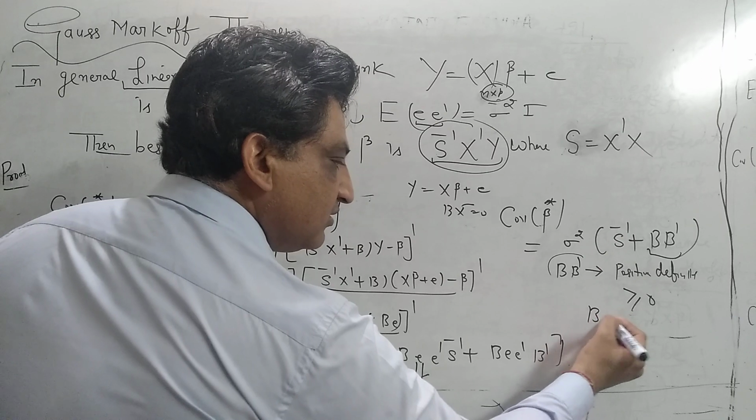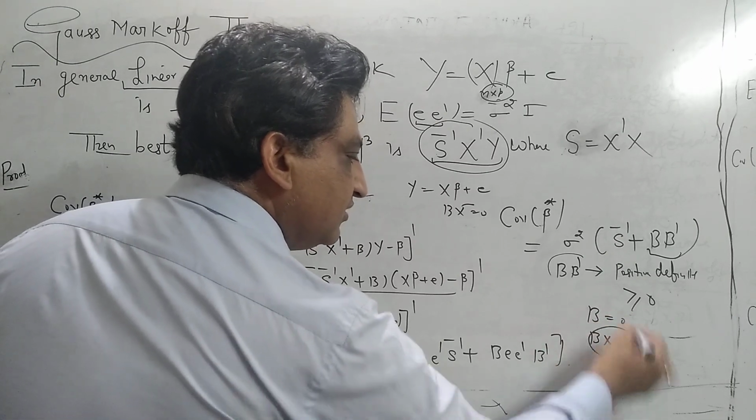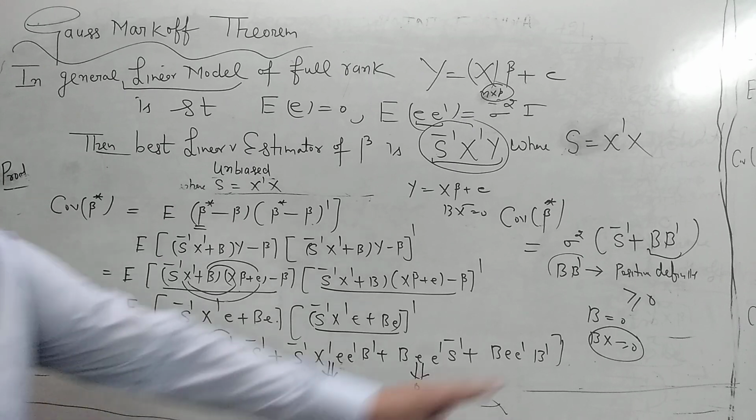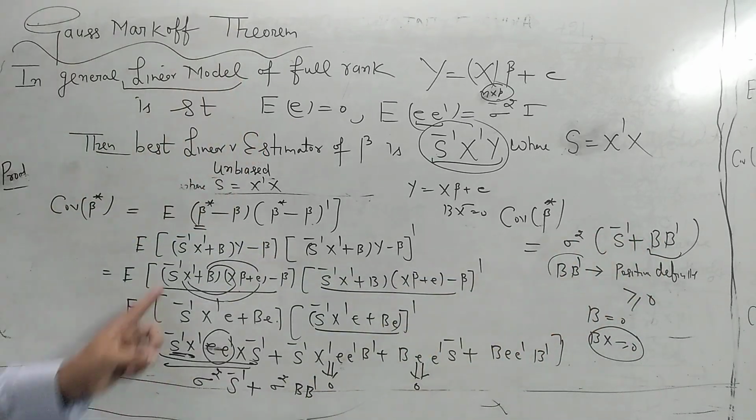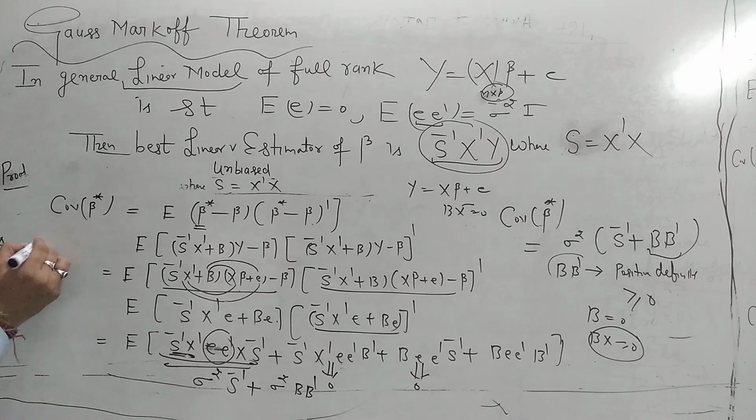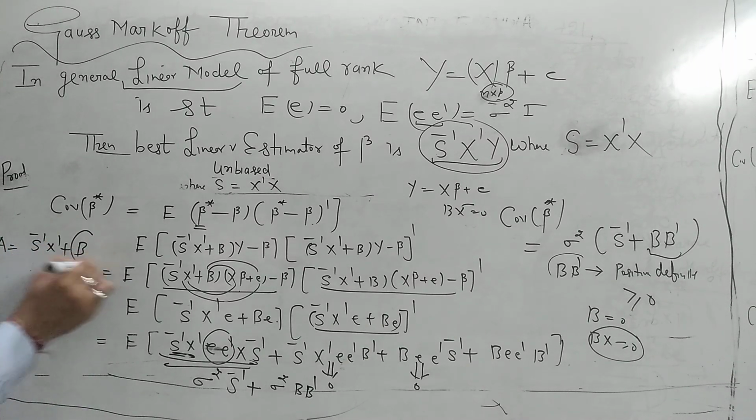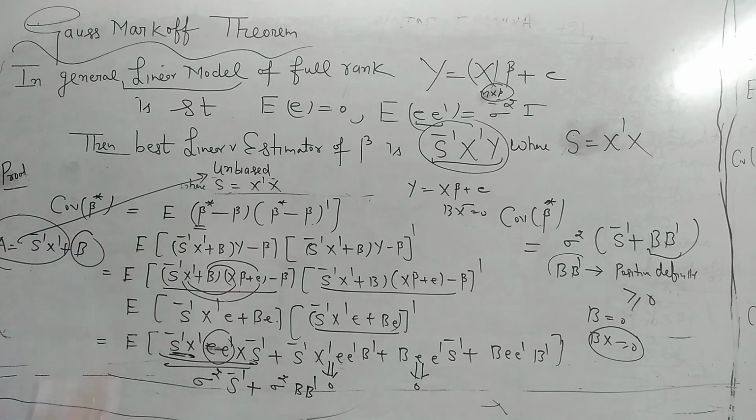So when b is 0, which is compatible with bX equal to 0, it means that A, which we supposed in the beginning to be S inverse X dash plus b, if b is 0, is the same. This is the ordinary least squares, OLS. So OLS is the best estimator.